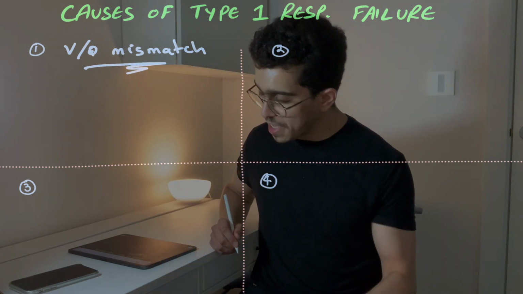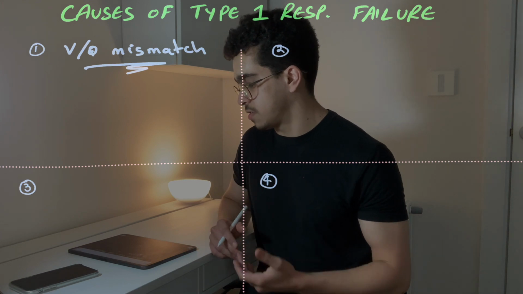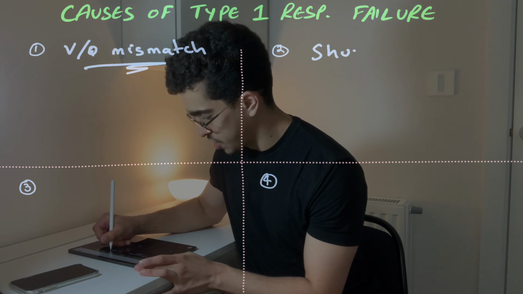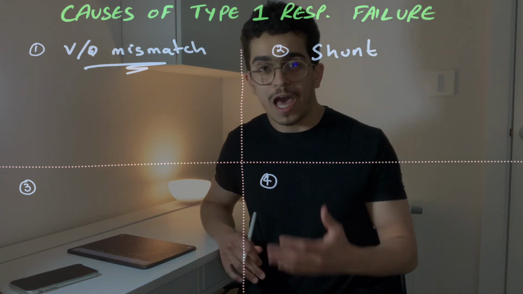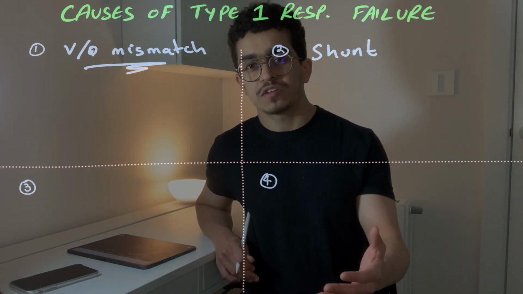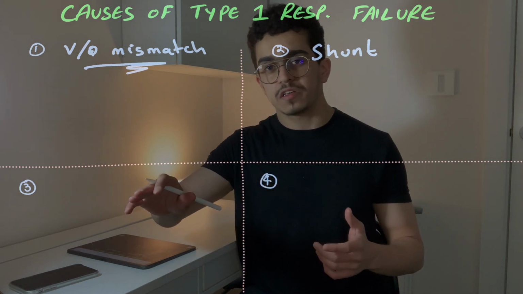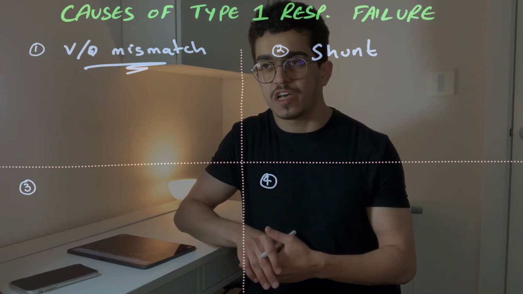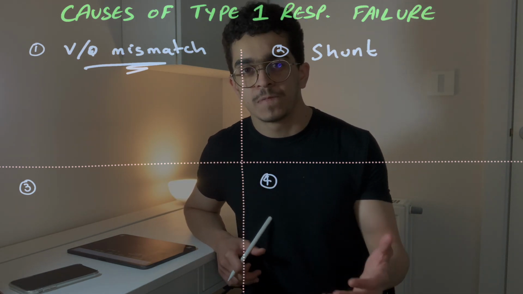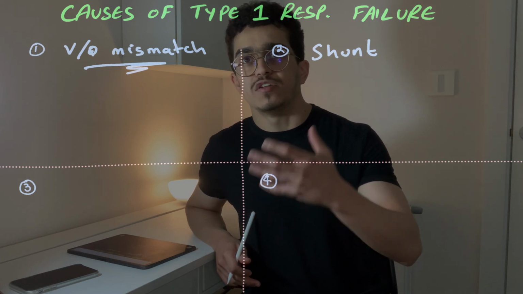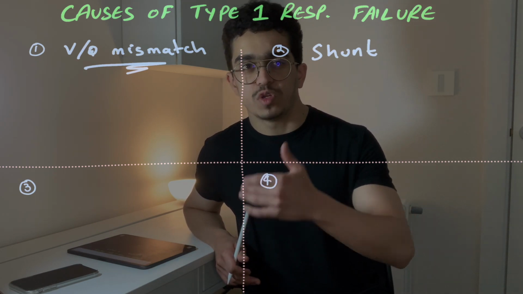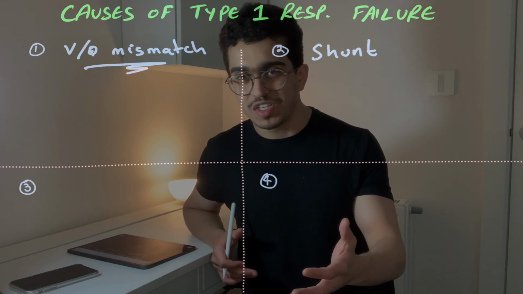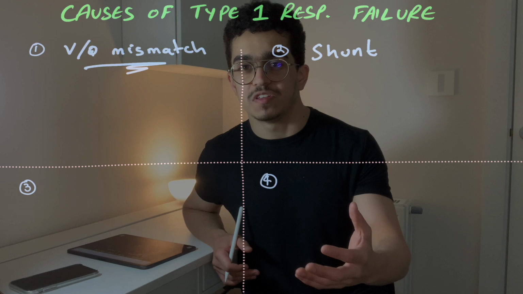What is the second thing that can lead to hypoxia? A shunt. A shunt happens when blood from the right heart goes through the lung but doesn't take part in gas exchange. It can happen in diseases such as pneumonia or pulmonary edema. In pneumonia, there's alveolar inflammation and a buildup of exudate in the alveoli.